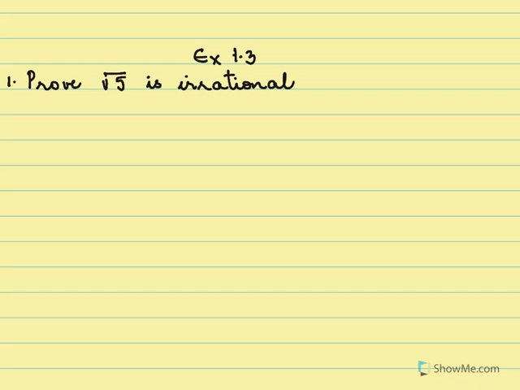So let's get on to the exercise 1.3. Prove under root 5 is irrational. So to start, let us assume that under root 5 is rational.